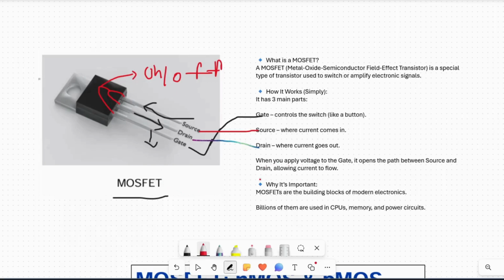Why is it important? MOSFETs are the building blocks of modern electronics. Billions of them are used in CPUs, memory, and power circuits because this is a transistor. We already talked about that. Transistors help to build the processor or CPU.